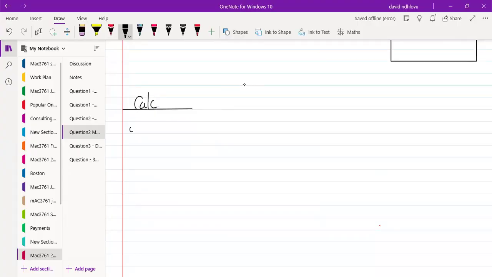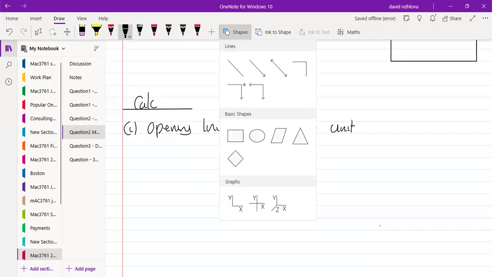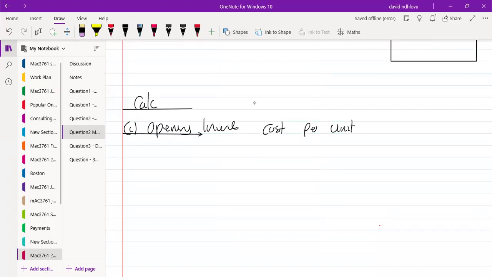So I will say calculation number one, opening inventory costs per unit. Opening inventory, we are looking at the cost per unit.